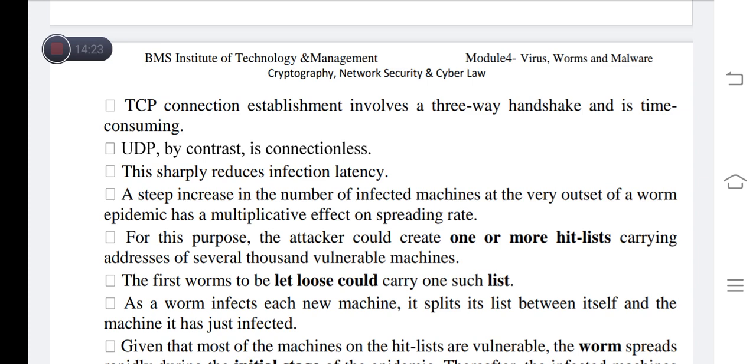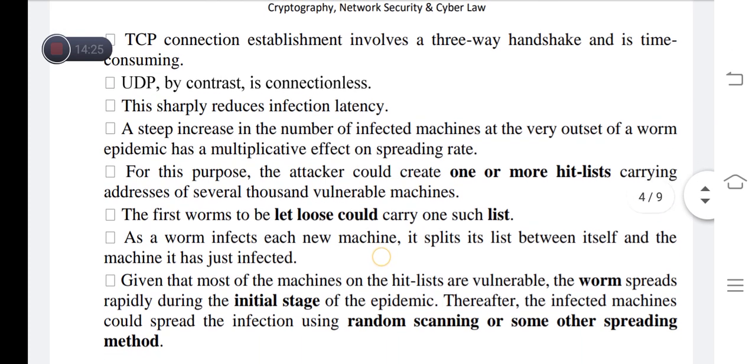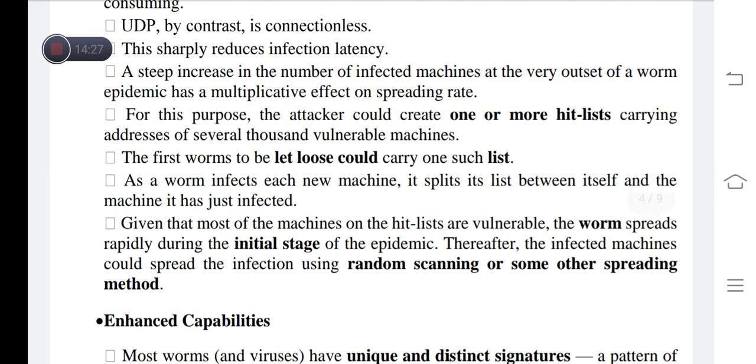So the attacker could create one or more hit lists. A hit list is nothing but the addresses of several thousand vulnerable machines, the target machine details, maintained by an attacker.